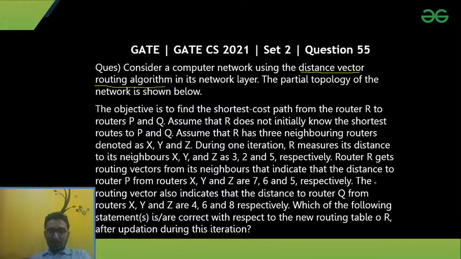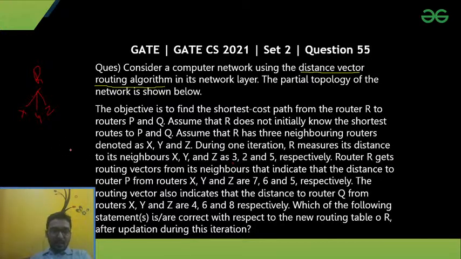So try to understand once more. Router R gets routing vectors from its neighbors. Who are the neighbors of R? The neighbors of R are X, Y, and Z. So R is getting distance vectors from X, Y, and Z. And what are they telling?